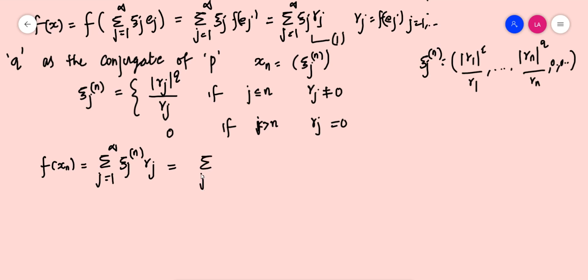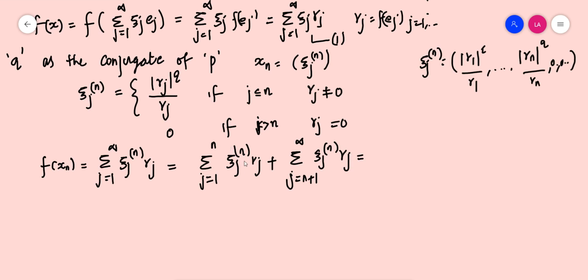Summation j from 1 to n theta jn gamma j plus summation j from n plus 1 to infinity theta jn gamma j.